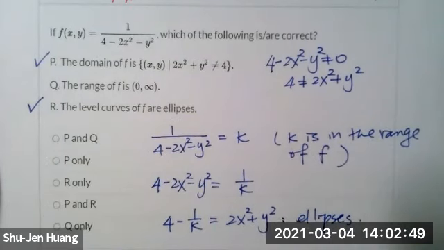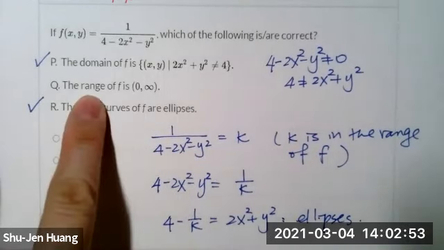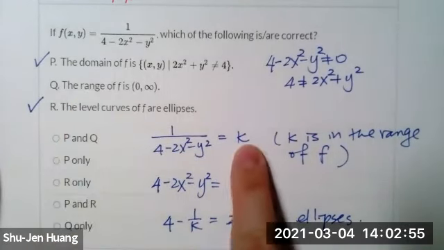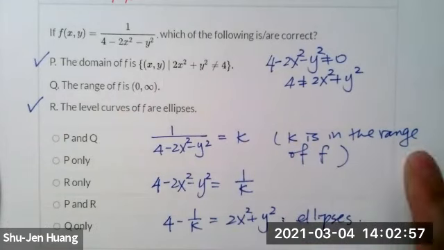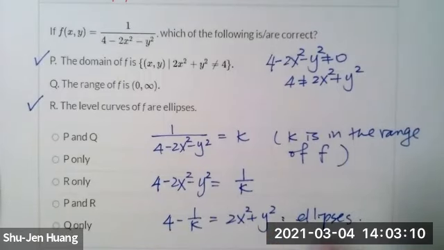Now we're going to use this concept from the level curve to determine the range. Remember, we mentioned that the k value is in the range of f. And 2x squared plus y squared equal to a positive number represents an ellipse. So the sum of two squares is always greater than or equal to 0.